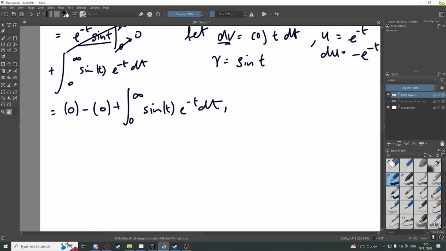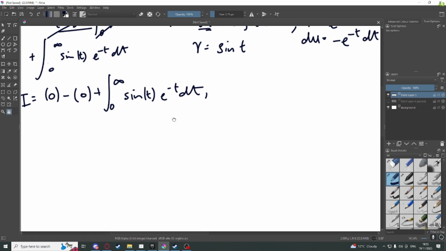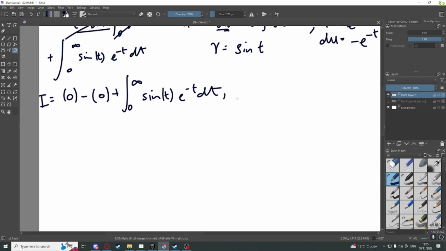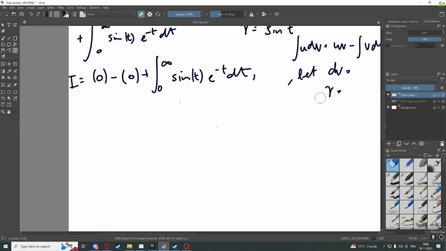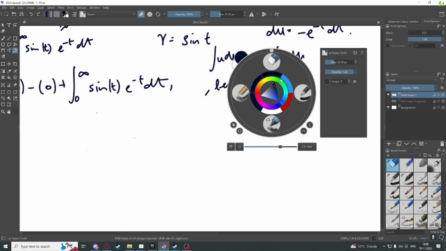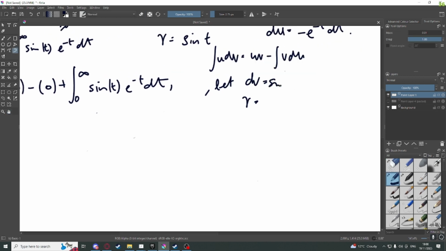And what I'm going to do again is integrate this by parts again. So same formula, integral of u dv is equal to uv minus the integral of v du. So here I'm going to let dv, this time let's change it up, dv equal to sine of t.